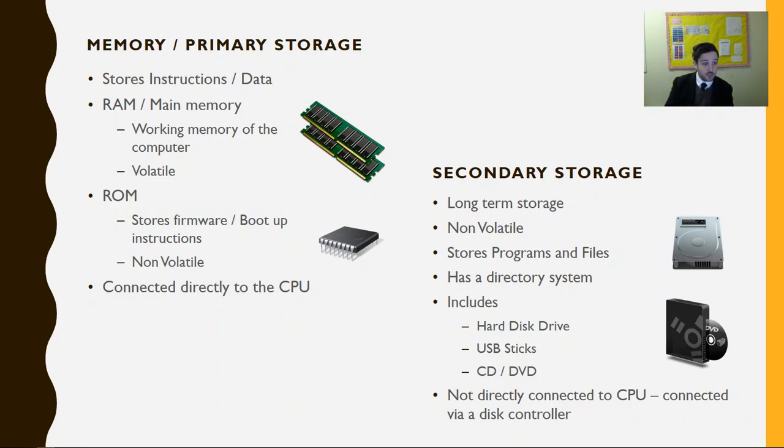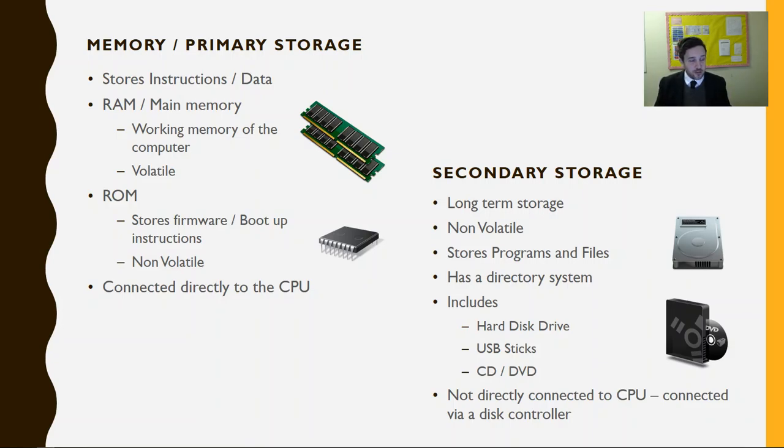Secondary storage is the long-term storage of the computer. It's where your programs and your operating system and all your files live when your computer turns off. Because they need to live there when the computer's turned off, the data must remain there when there's no electricity, and therefore we use the term non-volatile, meaning it will be stored even if there's no electricity there.